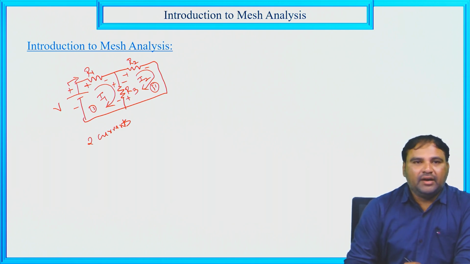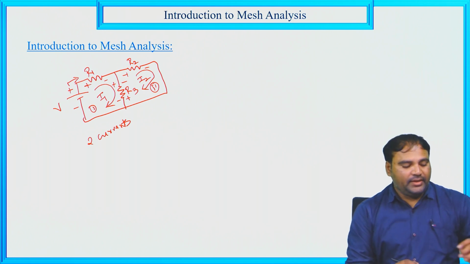After that we have to apply the KVL. Then we find the loop currents I1 and I2, or the power through the R1, R2 or R3 resistor. This is the procedure for mesh analysis.